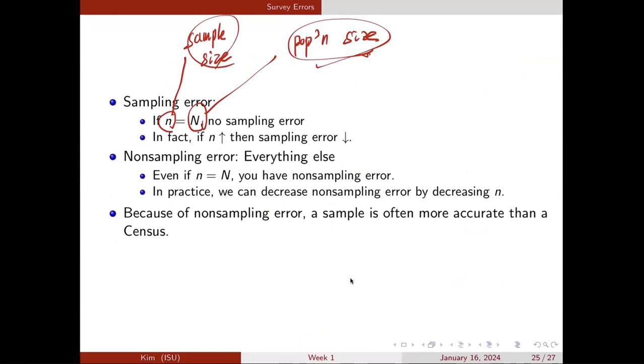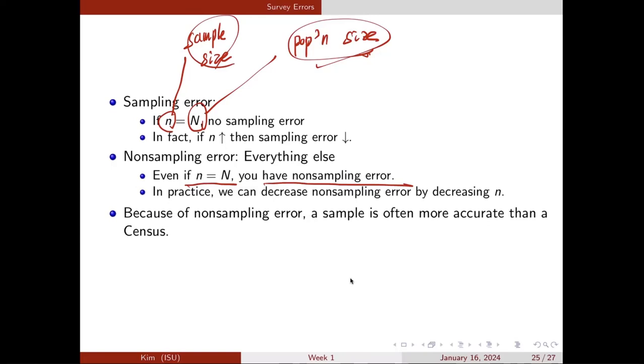However, even if n equals capital N, you may have non-sampling errors. And the non-sampling error could be larger if we don't have good training, good interviewers. There are some skills to get answers accurately, but if the interviewers are not really professional, then there could be other issues.